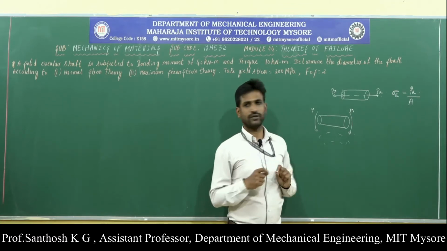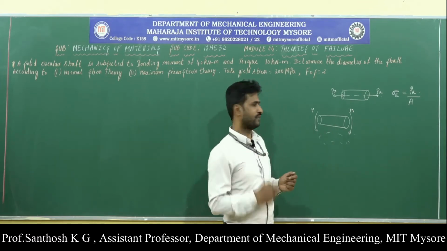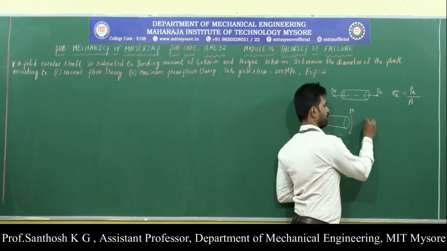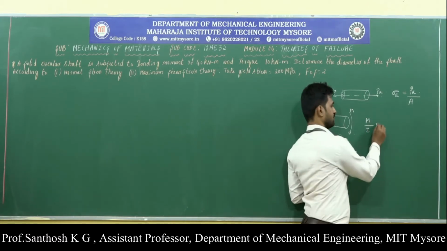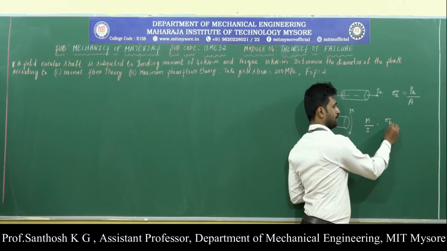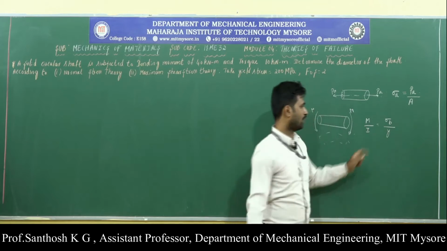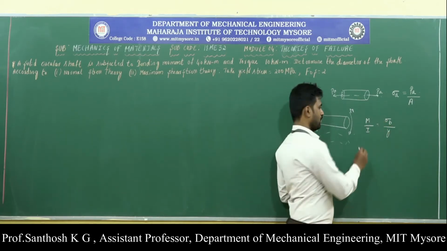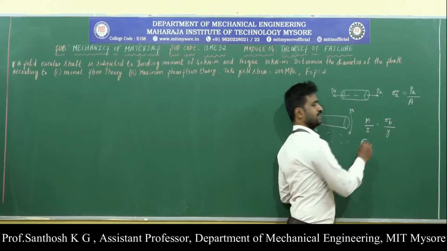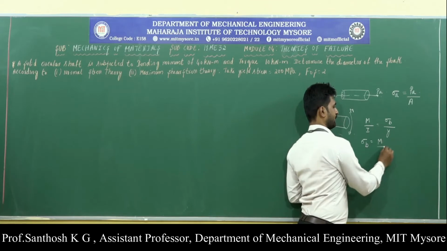And in order to calculate the bending stress, we will be using the equation M divided by I equals sigma B divided by Y, or if you simplify this equation in terms of sigma B, we get sigma B equals M divided by I into Y.